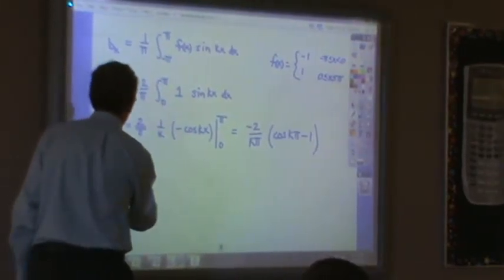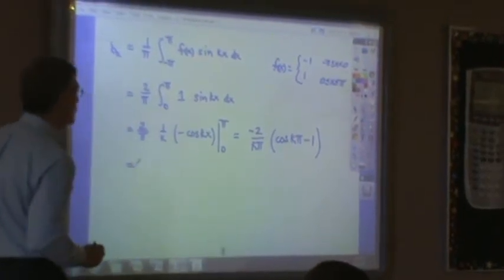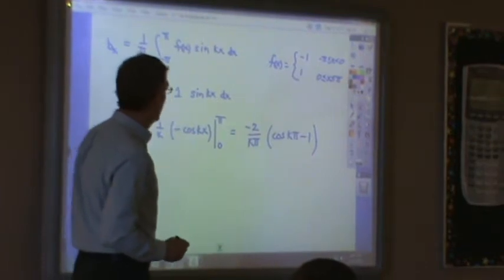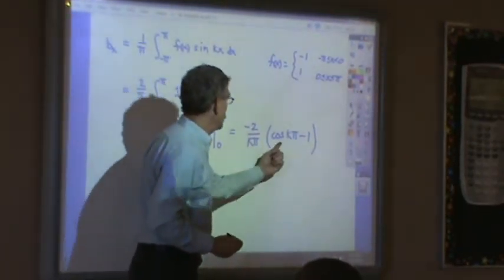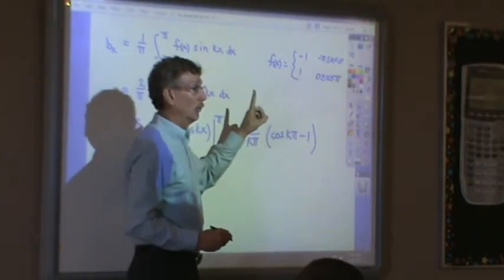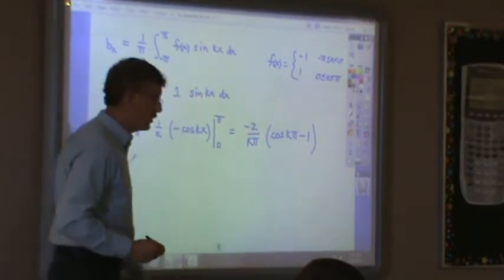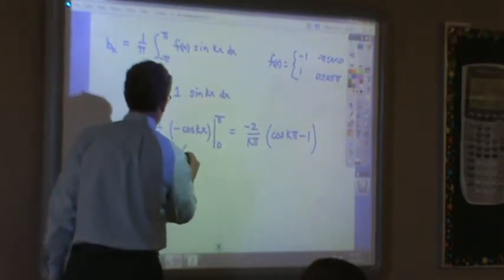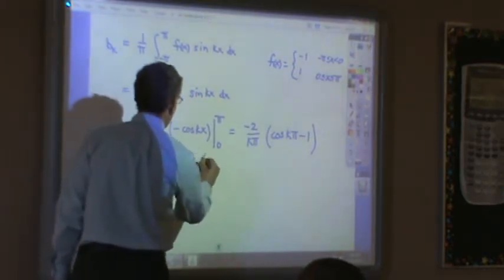So we'll write it in this way. Let's do k even first of all. If k is even, cos k pi is 1, and the whole thing is 0. So we'll get 0 when k is even.